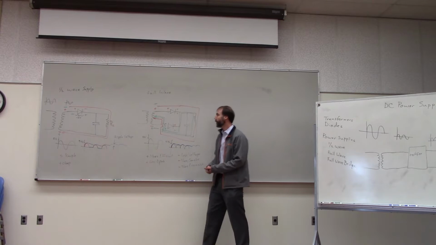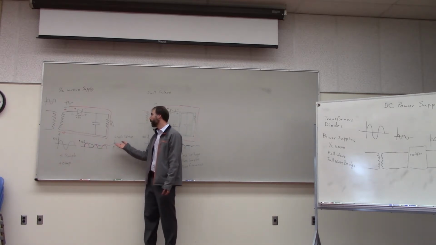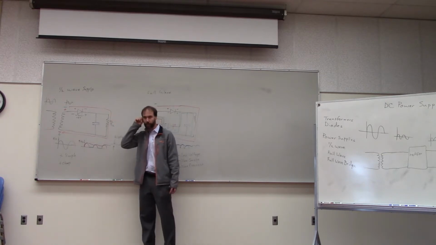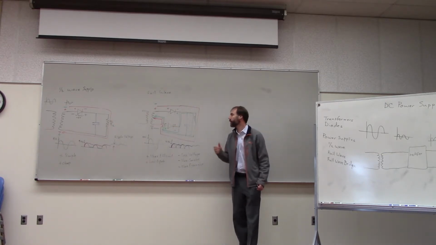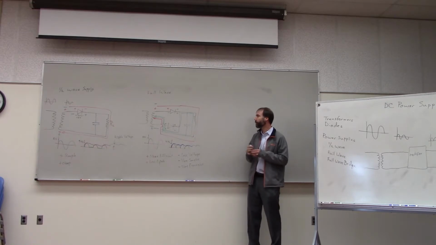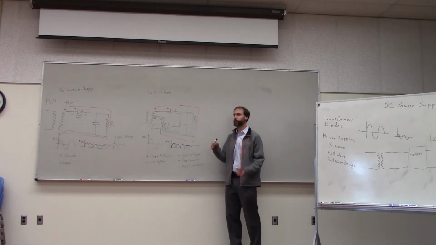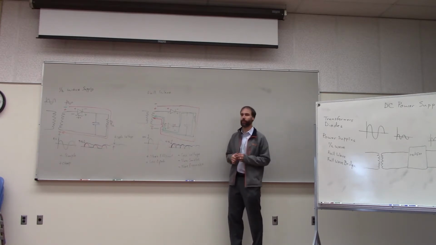Typically, if you're building something cheap that can tolerate ripple, then you use a half-wave supply. If you're building something higher precision, then you would use a full-wave bridge rectifier. So typically you go one way or the other. The full-wave is sort of somewhere in between and doesn't really have the advantages of either one. So this one is used less frequently. Okay.